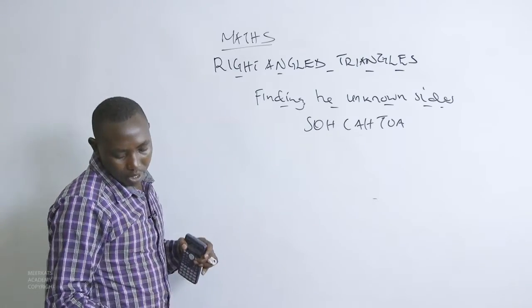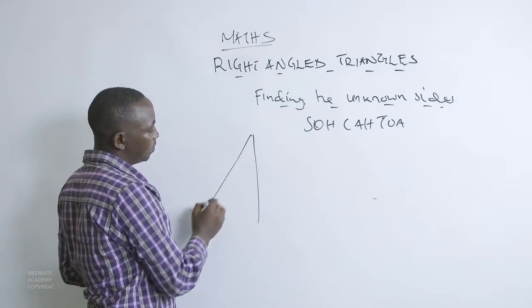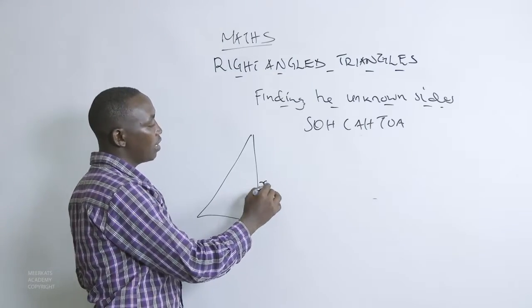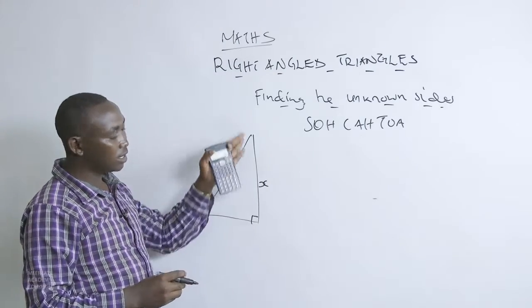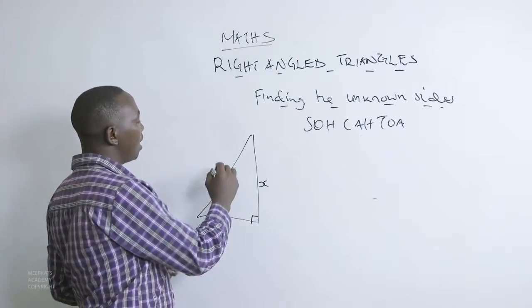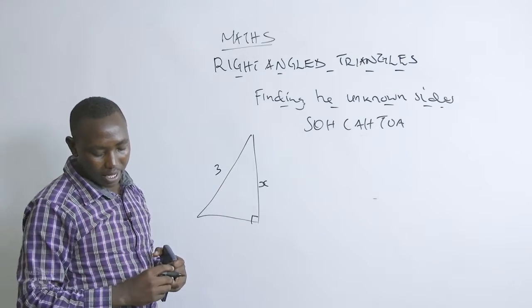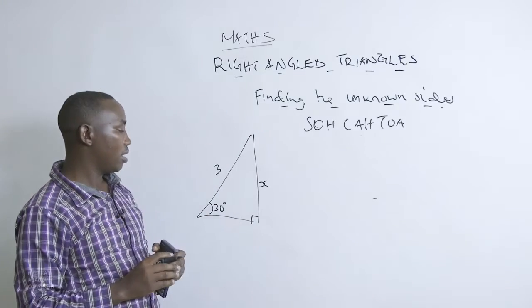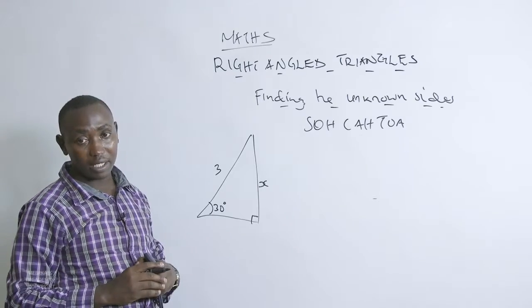If, for example, that is the right angle triangle that you have been given, we don't know what this side is, and you have been told that this side is 3 and that this angle theta is 30 degrees.